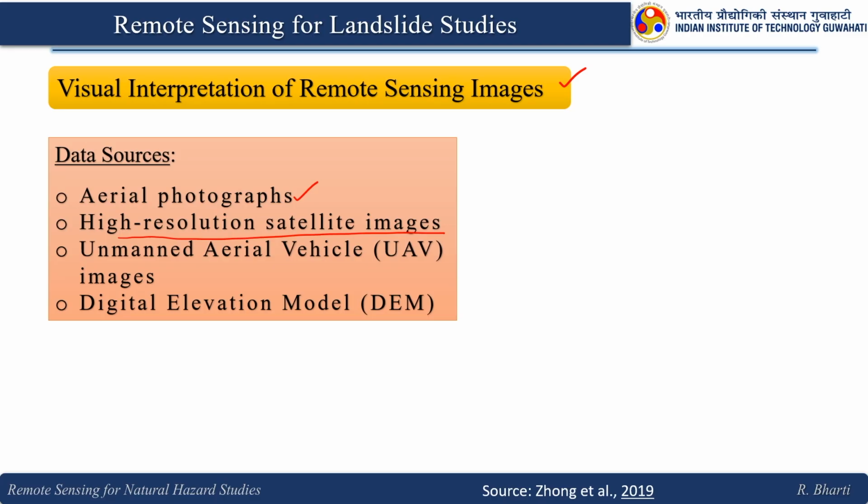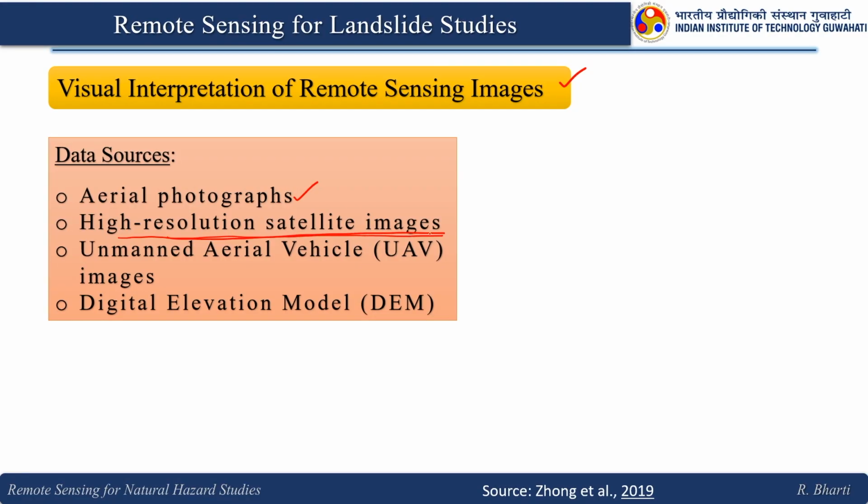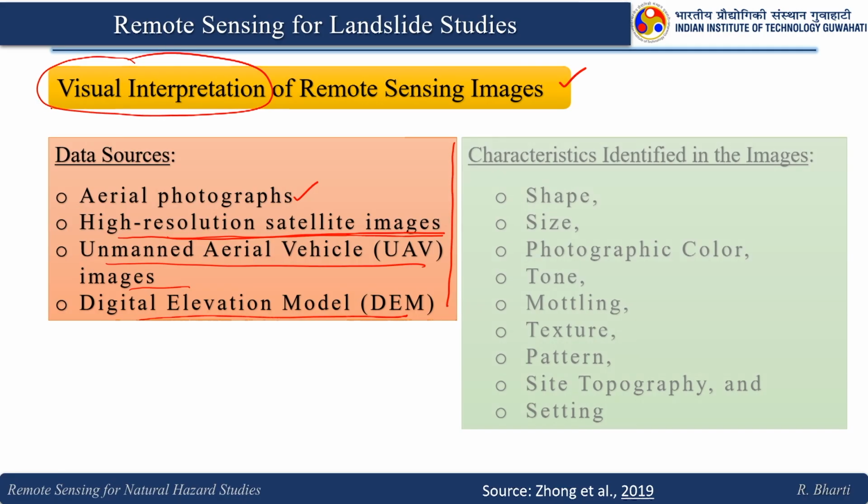Only then will you be able to identify the objects on the ground or even the boundary of the landslide. So that's why high resolution satellite data sets are used here. Then you have UAV based images and digital elevation models. These are the different data sets used in the visual interpretation of the data.